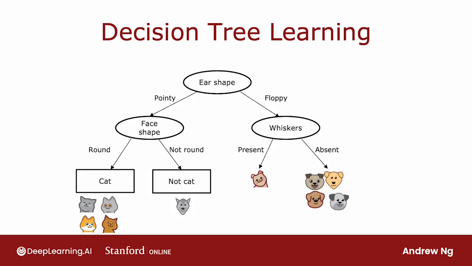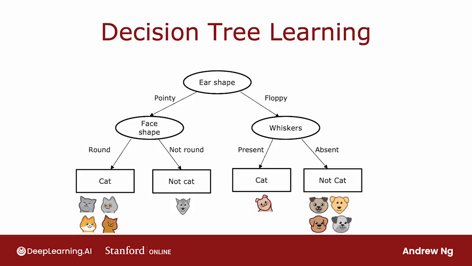And you notice that 1 out of 1 examples on the left are cats and 0 out of 4 are cats. So each of these nodes is completely pure, meaning that it is all cats or all not cats, and there's no longer a mix of cats and dogs. And so we can create these leaf nodes, making a cat prediction on the left and a not cat prediction here on the right. So this is the process of building a decision tree.